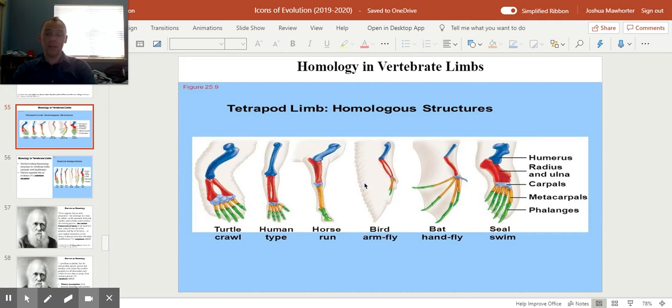And many argue that it has been, and I disagree, because just the fact that these structures are classified the same way and may even have some similar functions. Again, the human arm is not used like the bat wing to fly. So it is similar in that it has some homologous structures. They're different.